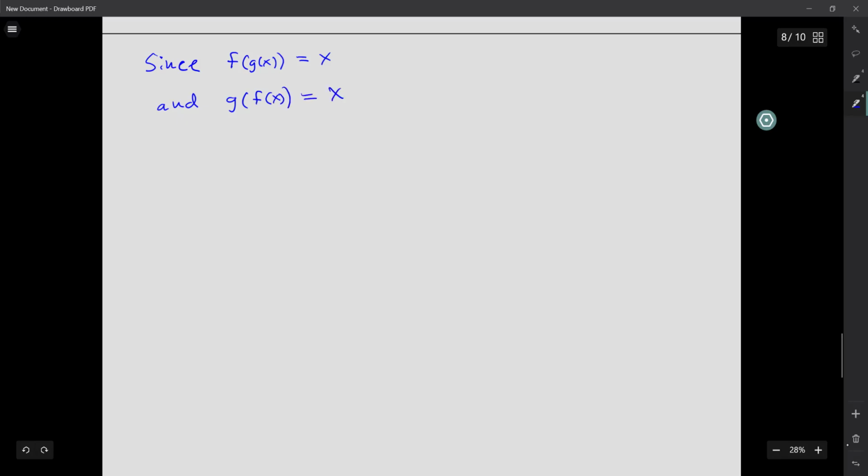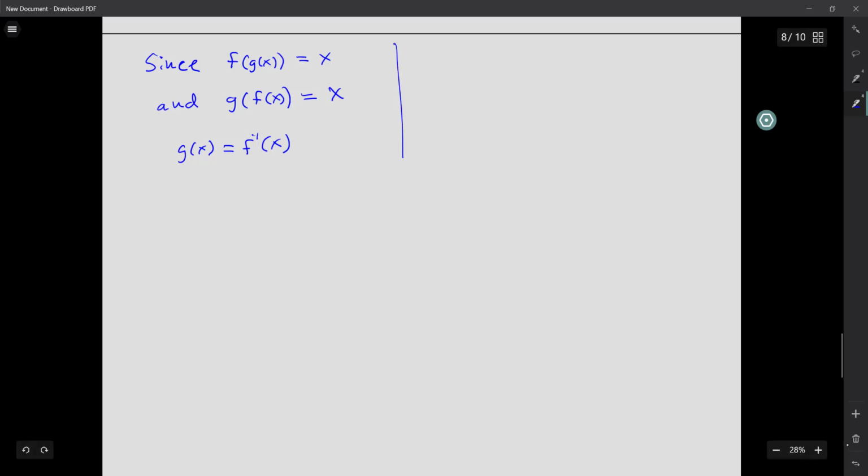So let's go ahead and say that. Since f of g of x is equal to x, and g of f of x is equal to x, I can say that g of x is equal to f inverse of x.